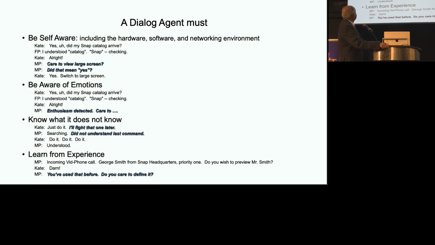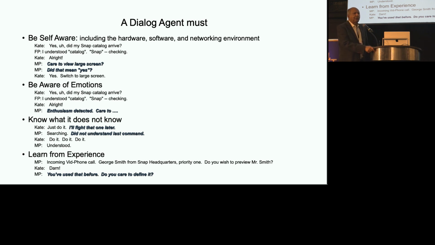There are a whole bunch of other things. Such dialogue agents must be self-aware. It said, enthusiasm detected, you know. Do you want to view the large screen or something? Be aware of emotions. And this is one of the things I've always been curious about.